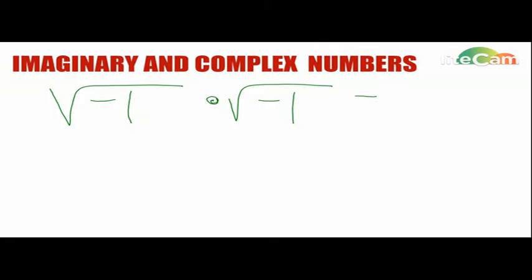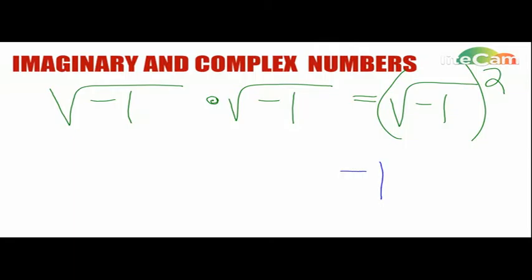Okay, so let's think about it again. If I have the square root of negative 1 times the square root of negative 1, then I have the square root of negative 1 squared. So therefore, that answer is whatever's under this radical sign. So if the radical sign has a negative 1 and it's squared, then the answer is going to be negative 1. Let's think about that again.